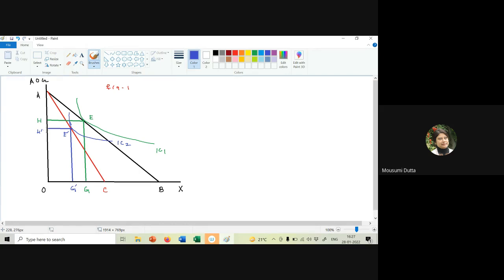So you have written that the equilibrium point shifts to E prime, the purchase of X reduces to OG prime, and the consumer's utility level reduces to IC2.